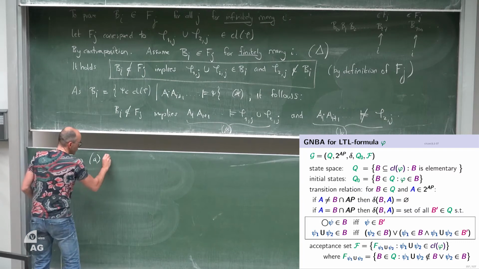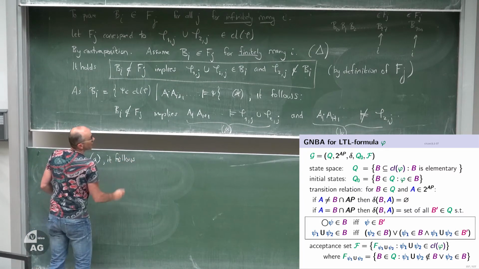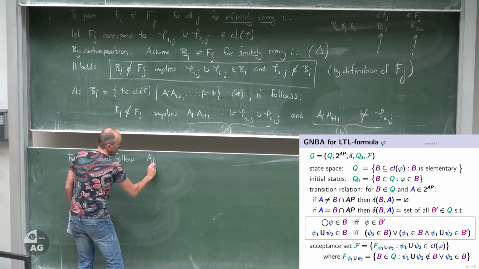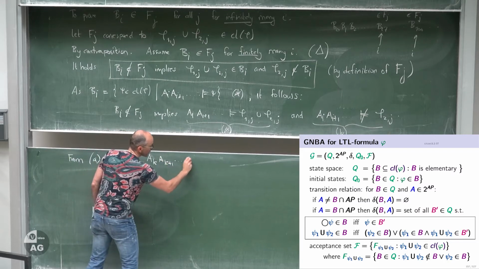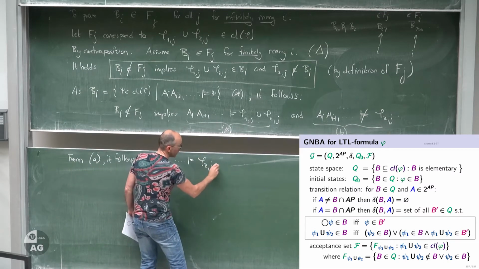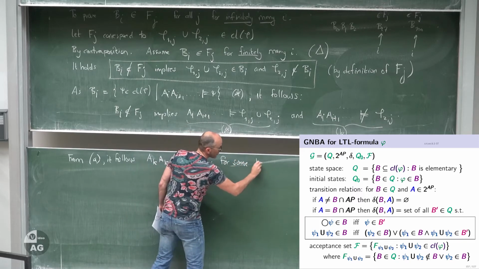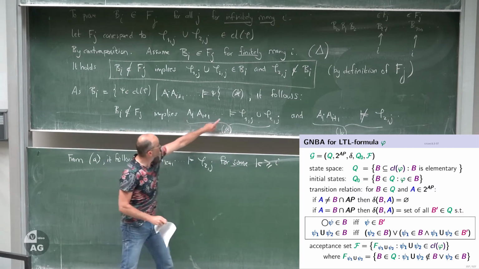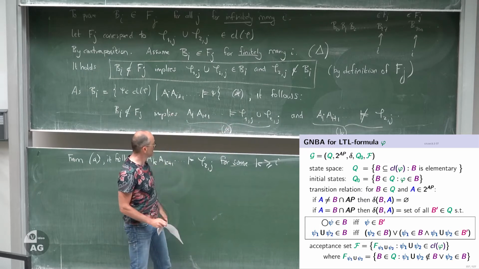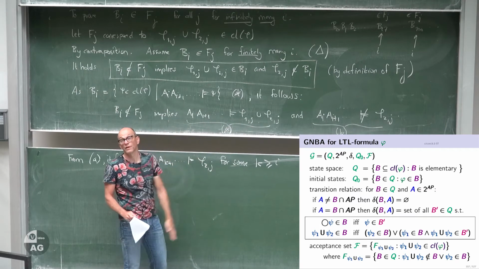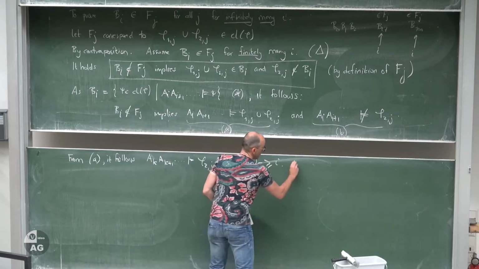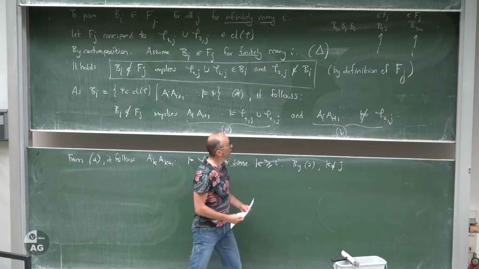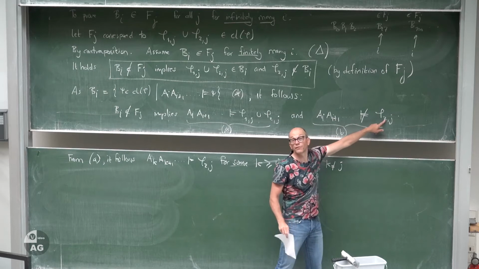From A it follows, if this sequence satisfies this formula, there must be a k, ak plus 1, etc., satisfying the second part of the formula, phi 2j, for some k at least I. If this sequence satisfies the until formula, phi 2j should hold at some point k. By B, k differs from I, because this itself does not satisfy this formula.